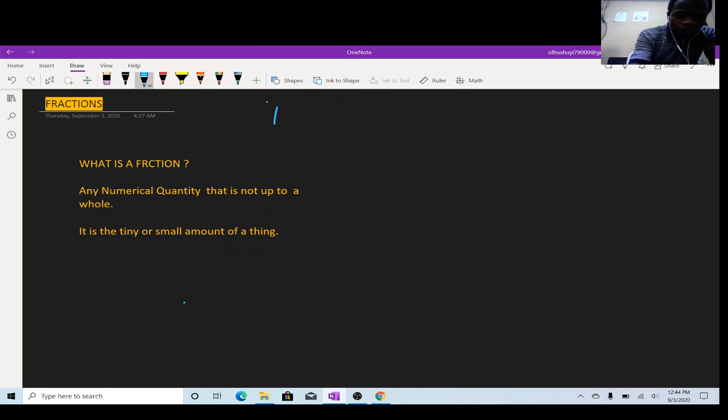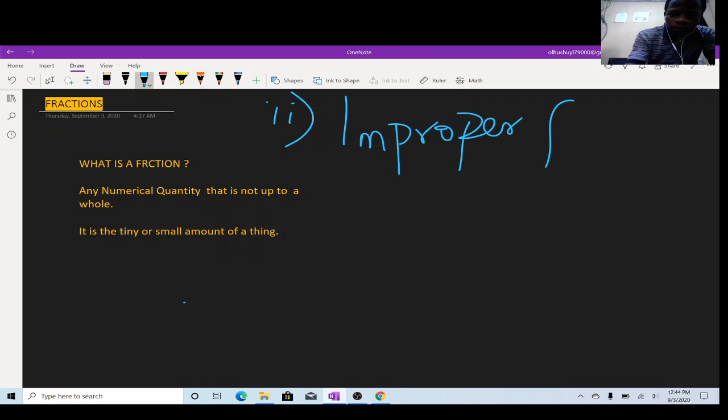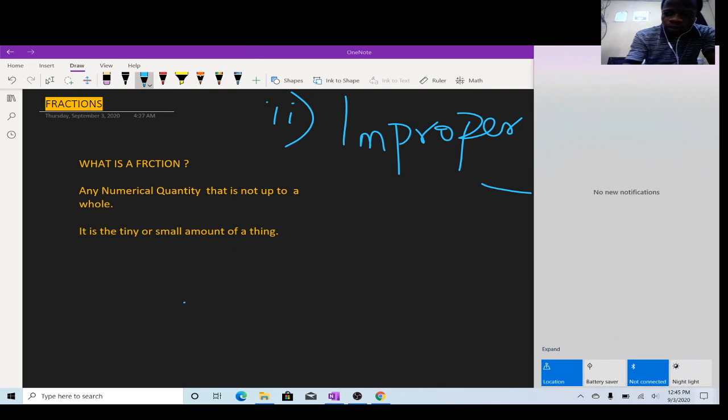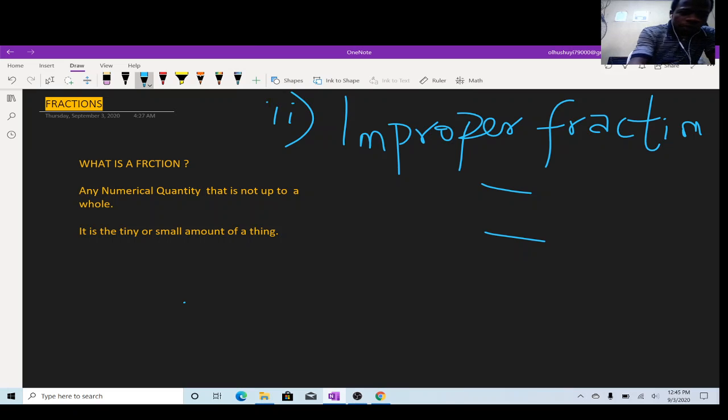So we have another type of fraction. We have improper fractions. If you have improper fractions, these are improper fractions. What are the examples?